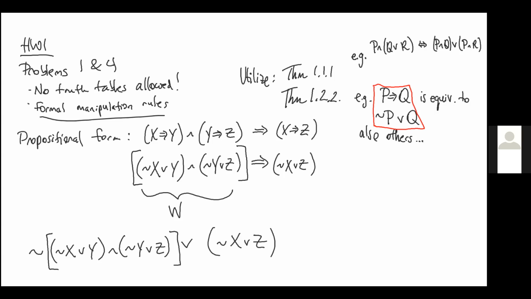Yeah, it's sort of similar to if and was multiplication and or was a plus, right? Then I would have PQ plus PR. That's how I think of it.